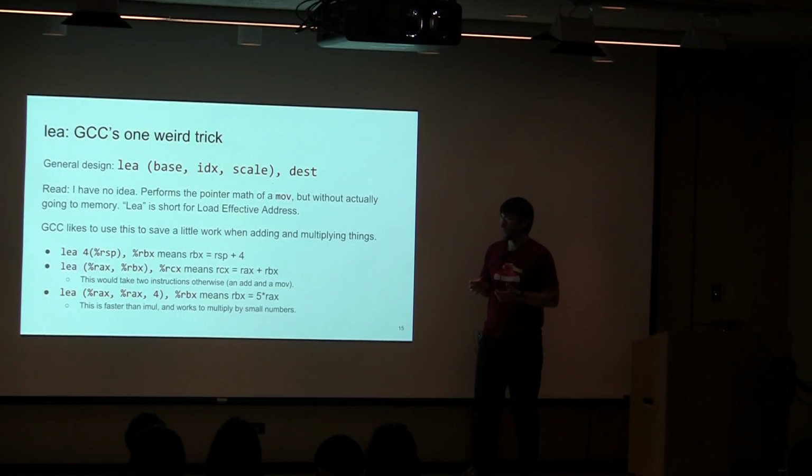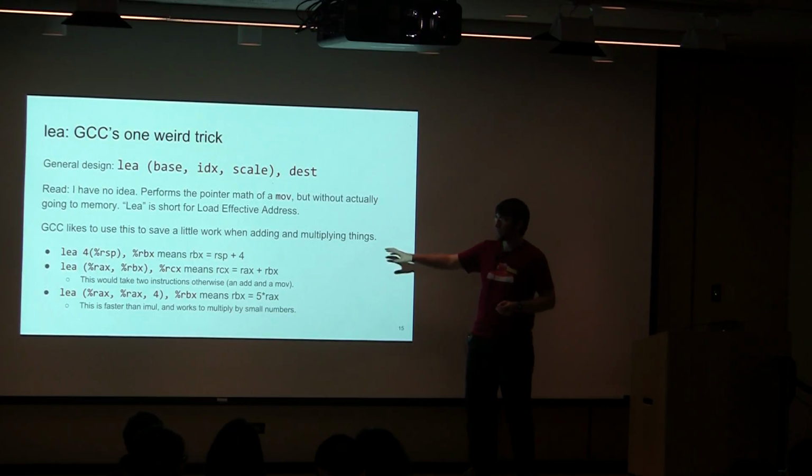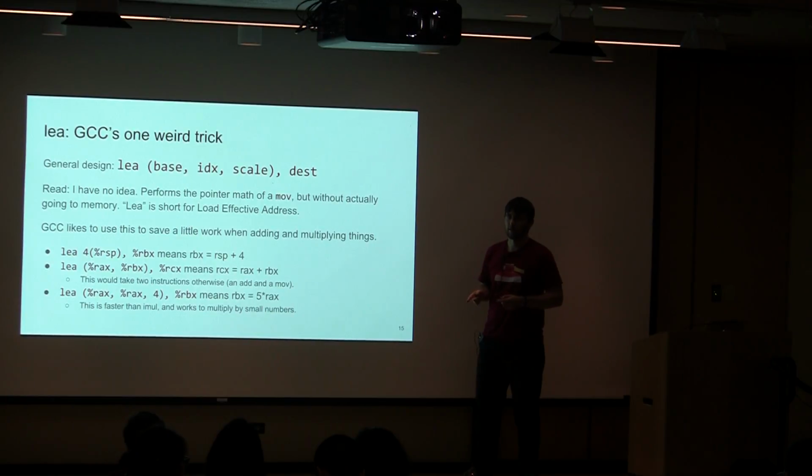But if you don't want to change RSP, if you actually want to store the result somewhere else, then LEA lets you do that in one instruction. Otherwise, you'd have to do the add and then a move. Same thing for the second example. You can use LEA to add 2 registers together and store the result in a third register. And again, it saves an extra move if you need the result in a third register.